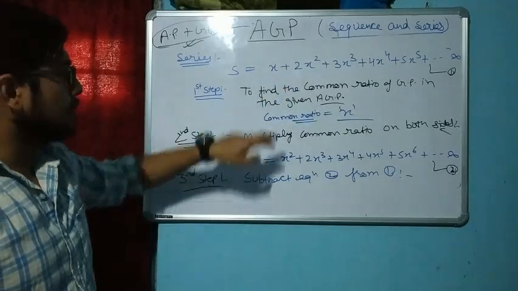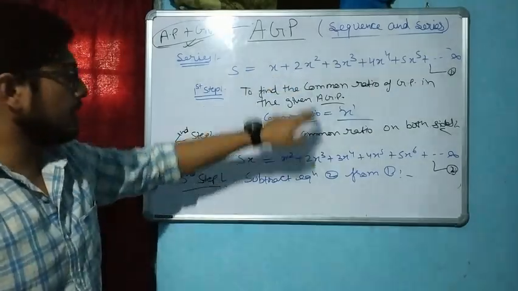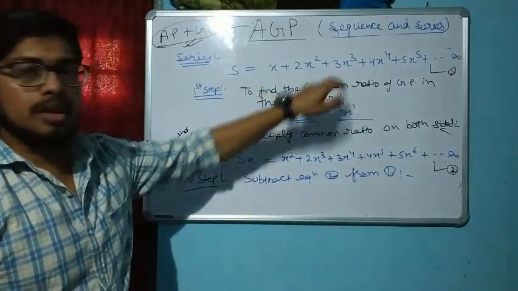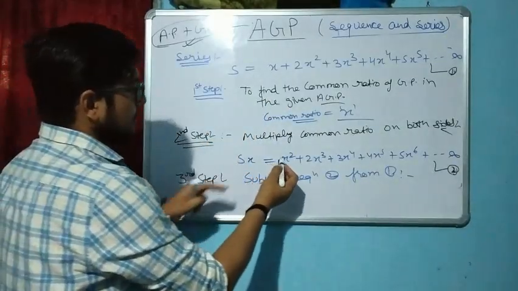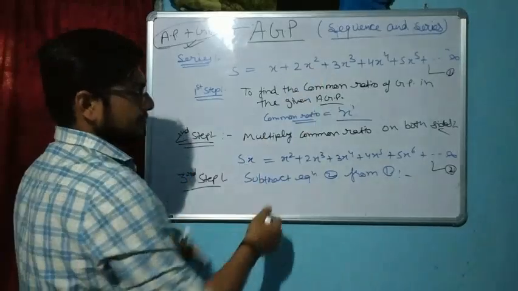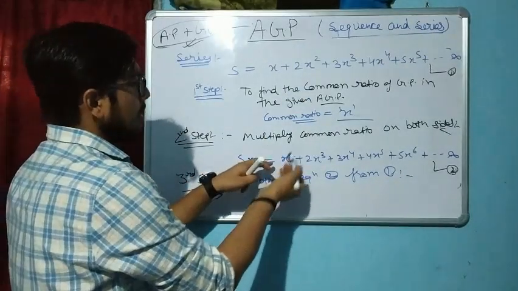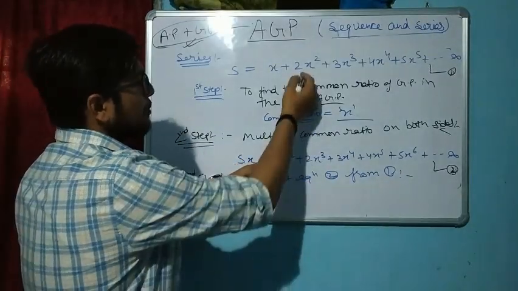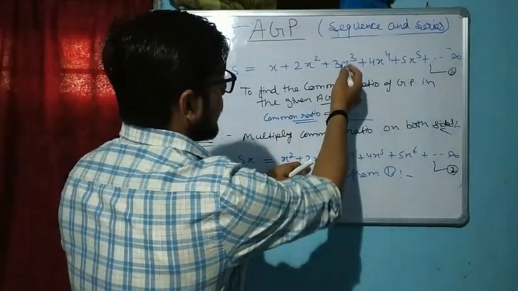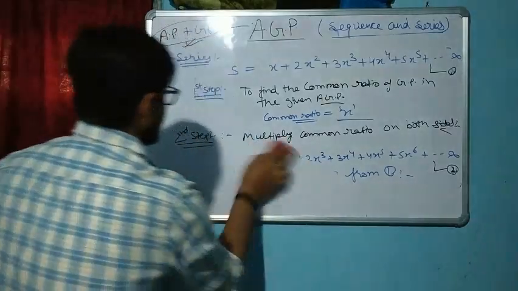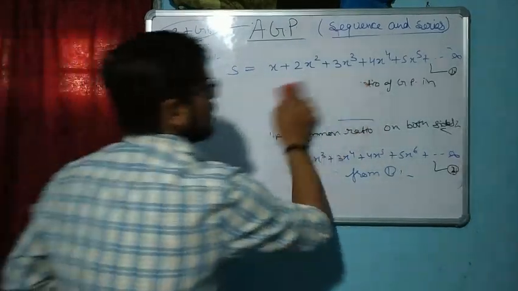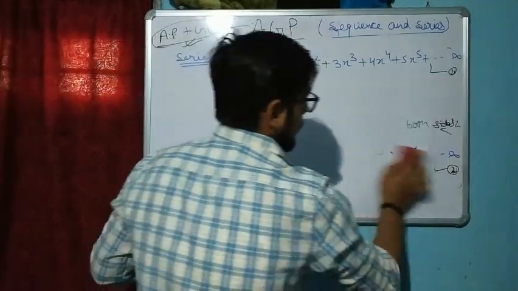So we need to subtract x square from 2x square, 2x cube from 3x cube. We leave the first term as it is, and afterwards we subtract these like terms from each other. We will subtract x square from 2x square, then 2x cube from 3x cube, and so on. Let us subtract these equations and find out what the resulting progression is.